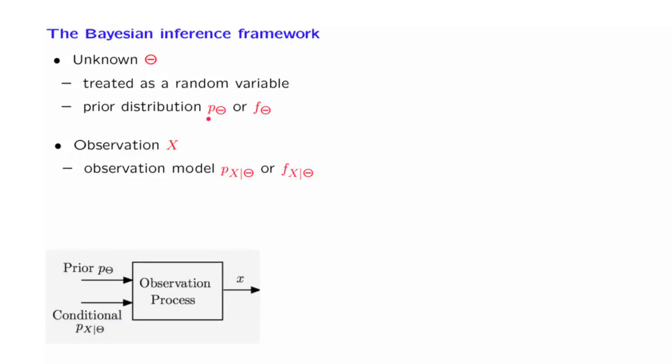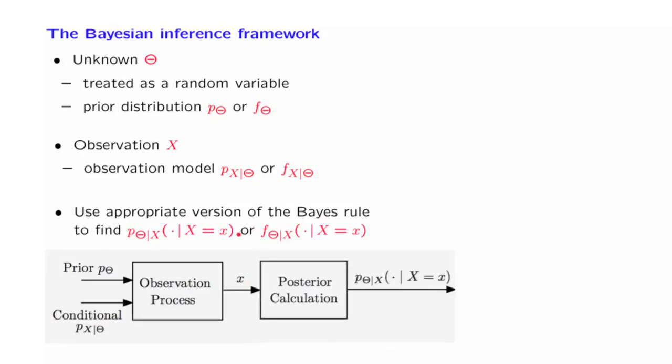These two pieces, the prior and the model of the observations, are the two components of the model that we will be working with. Once we have obtained a specific value for the observations, then we can use the Bayes rule to calculate the conditional distribution of theta, either a conditional PMF if theta is discrete, or a conditional PDF if theta is continuous. And this will be a complete solution, in some sense, of the Bayesian inference problem.